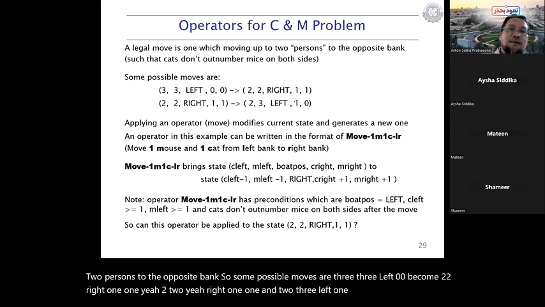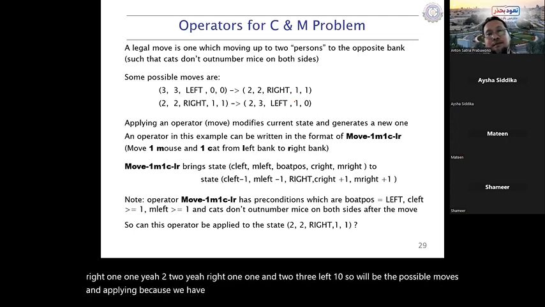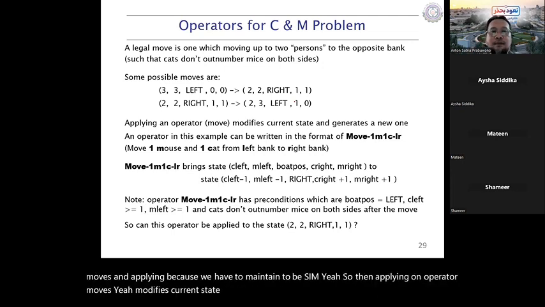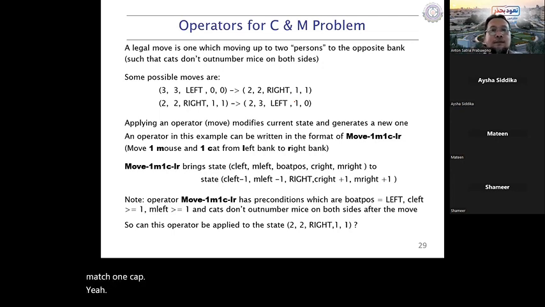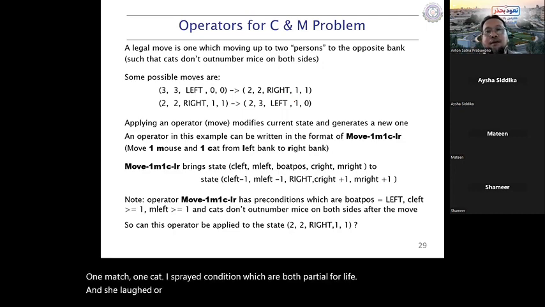Because we have to maintain the balance, applying an operator modifies the current state and generates a new one, for example moving 1 mouse and 1 cat, under the condition that cat left or mice left stays valid.